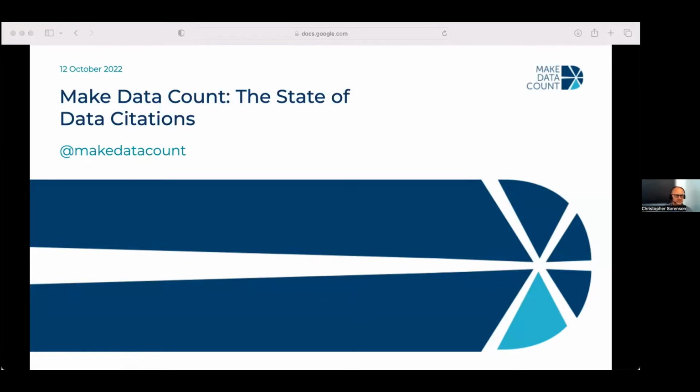So John is the director of the University of California Curation Center, or UC3, at California Digital Library. As the UC3 director, John works across the University of California campuses and the broader community to ensure that the California Digital Library's curation services meet the emerging needs of the scholarly community. That includes digital preservation, persistent identifiers, data management and data publishing.